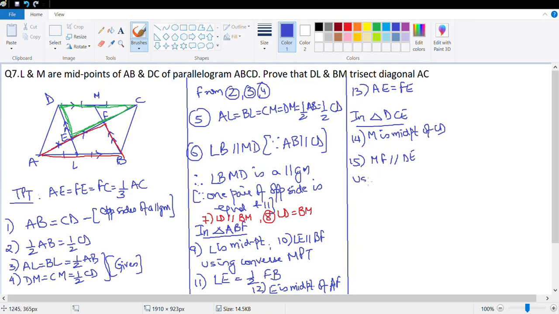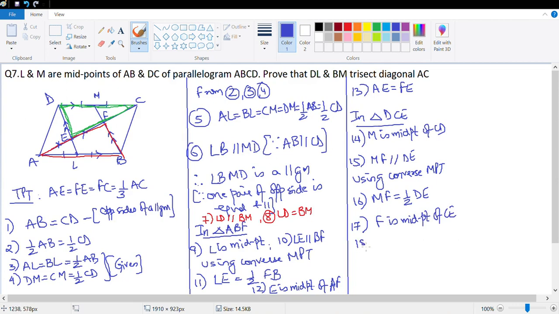So using the converse of the midpoint theorem, what do I get? I get number 16, which is MF is equal to half of DE, but we don't need this information. What I also get is F is midpoint of CE.